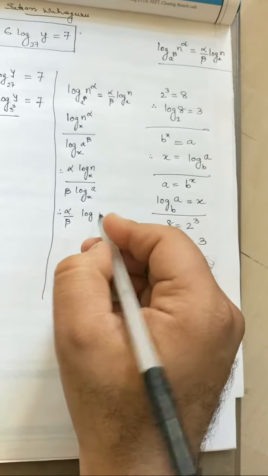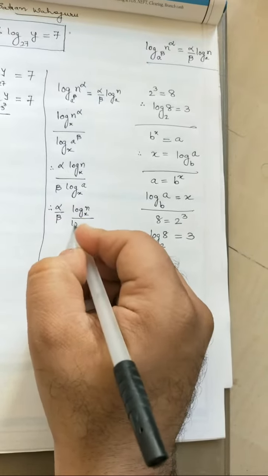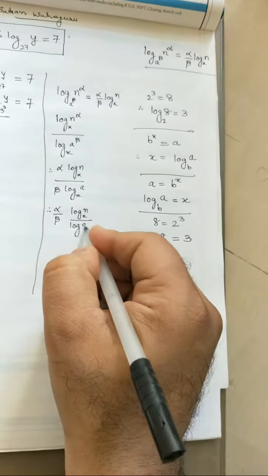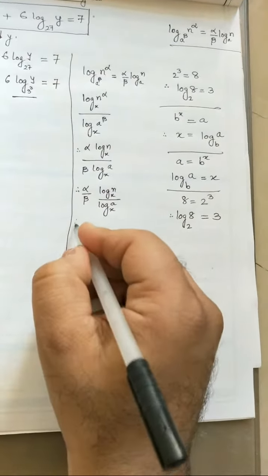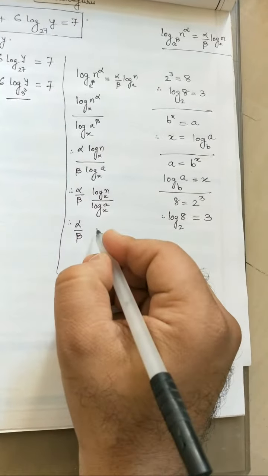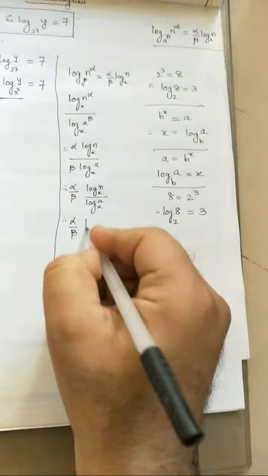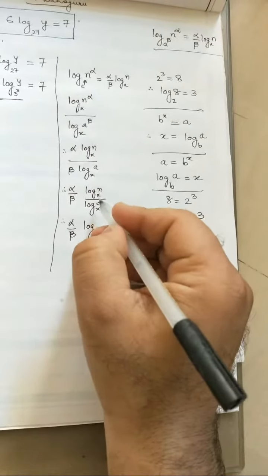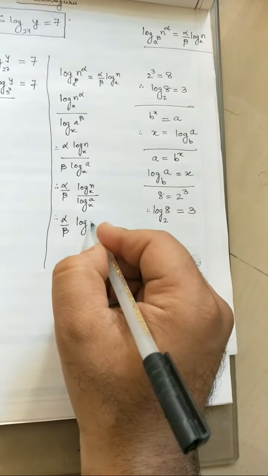So the result will be alpha by beta log n to the base x upon log a to the base x, and we can further write it as alpha by beta log. Now we are getting away with this common base, so it will become like this.